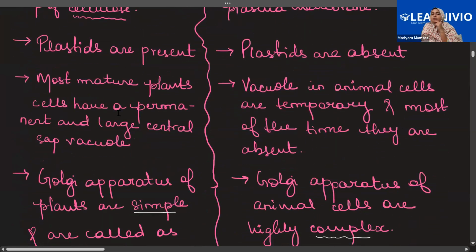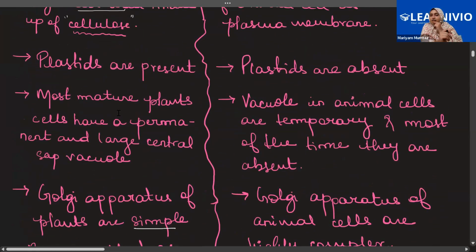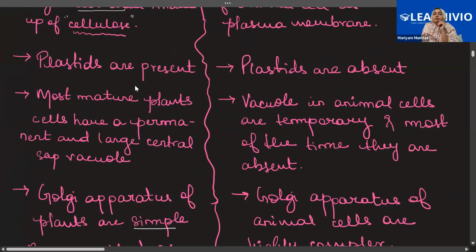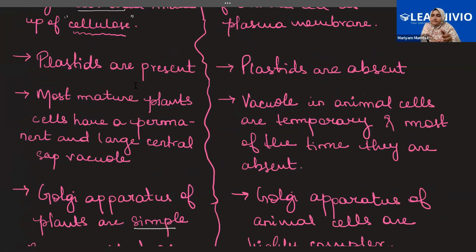In the case of plant cells, plastids are present. I'll tell you about plastids later on. There are 3 kinds of plastid: chromoplast, chloroplast, and leucoplast. Those are present, and those plastids are absent, obviously, in the case of animals. But ma'am, we also have plastids, right?